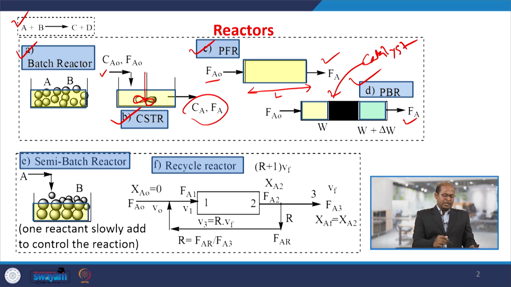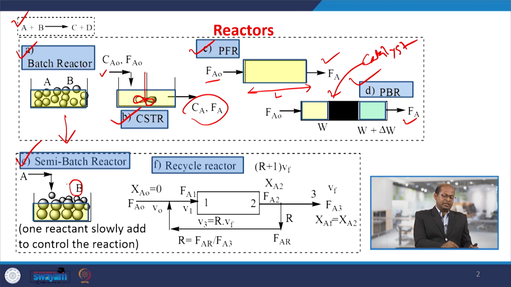Okay. Similarly, the semi-batch reactor is similar to the batch reactor, but here, if there are two reactants, one reactant will be placed inside the reactor from the beginning, and then A will flow into the reactor for that particular reaction.